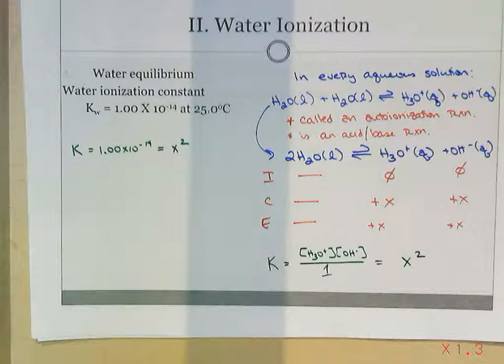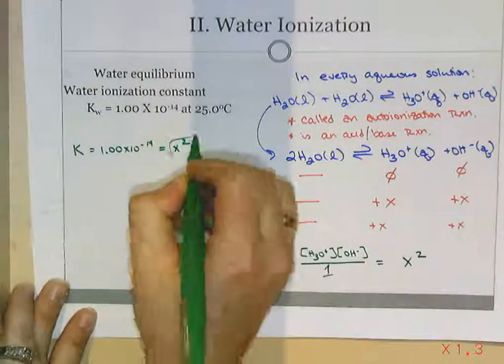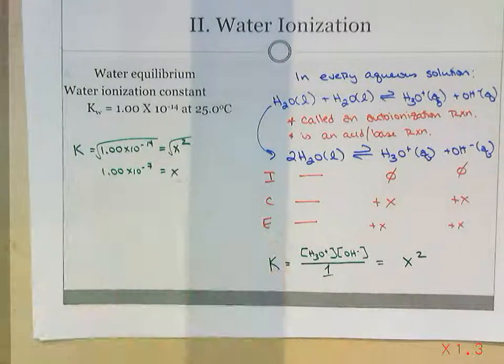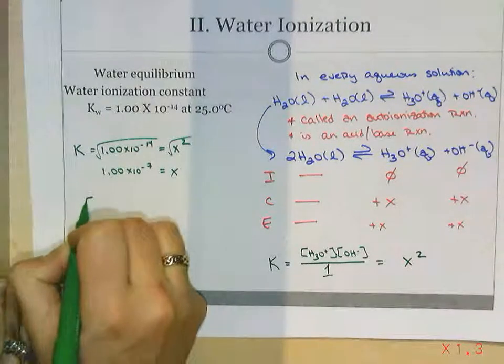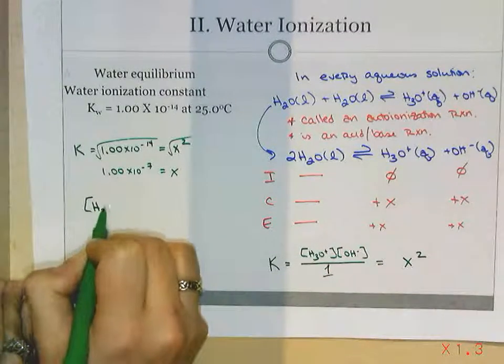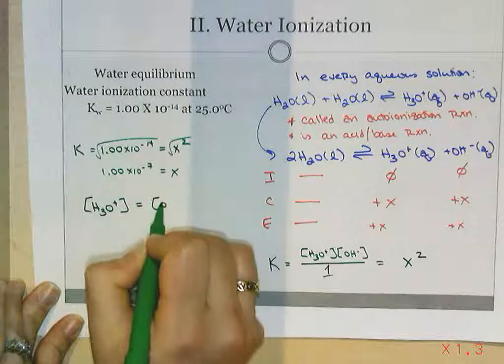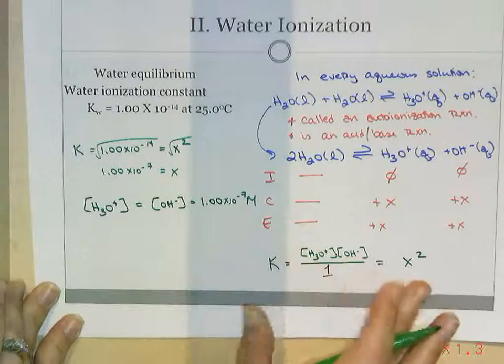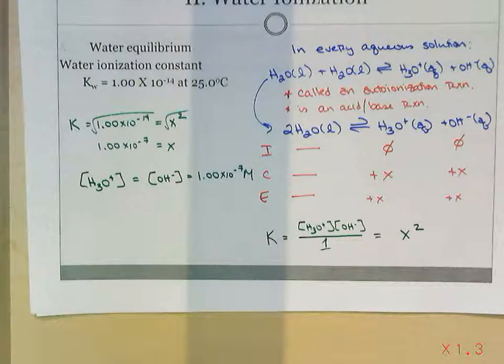Square root. All right, 1 times 10 to the negative 7th, based on these x's, they are equal. So the concentrations are equal and both equal to 1 times 10 to the negative 7th molar, which should seem like an important number when we're getting towards pH.